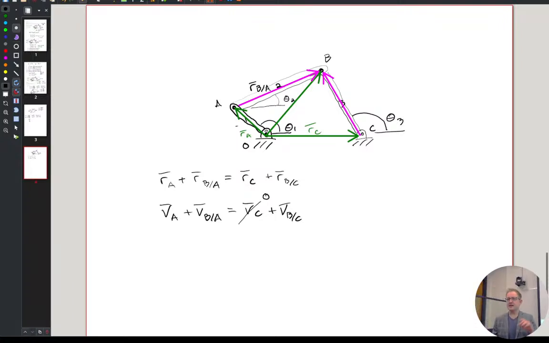But that velocity of C is 0, so now I just have a constraint on those relative velocities of O to A, B to A, and then B to C. So constraints on how fast stuff is moving relative to one another.